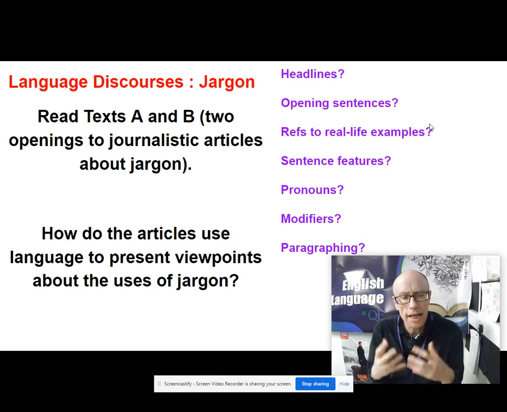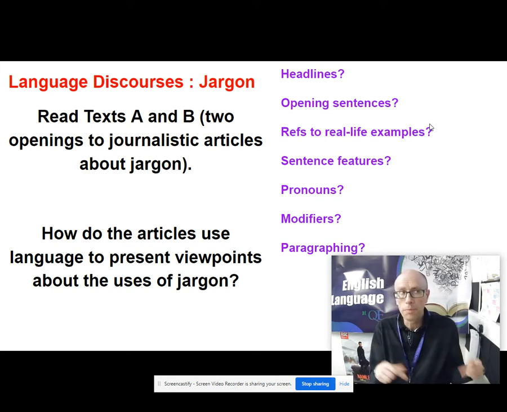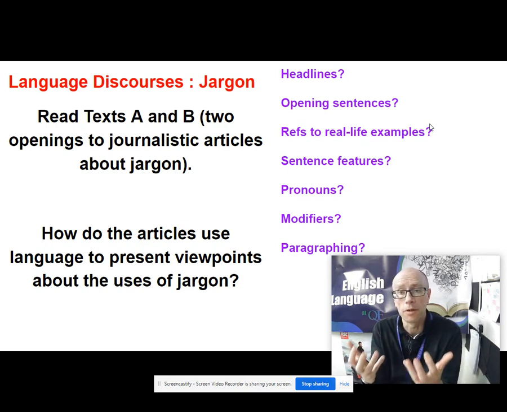There is something interesting usually going on in successful first sentences of articles. You need to think also about what references to real life examples that you've got and how your opinion as a reader is being shaped and moulded and positioned by the way that reality has been represented.